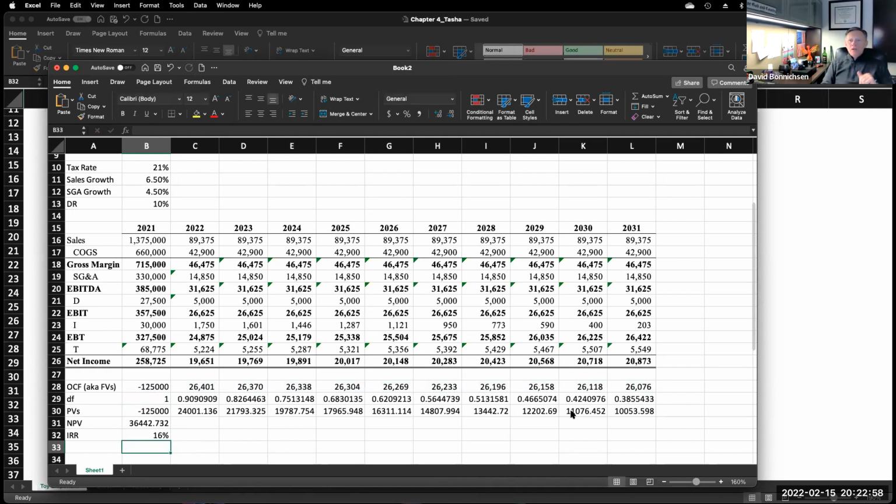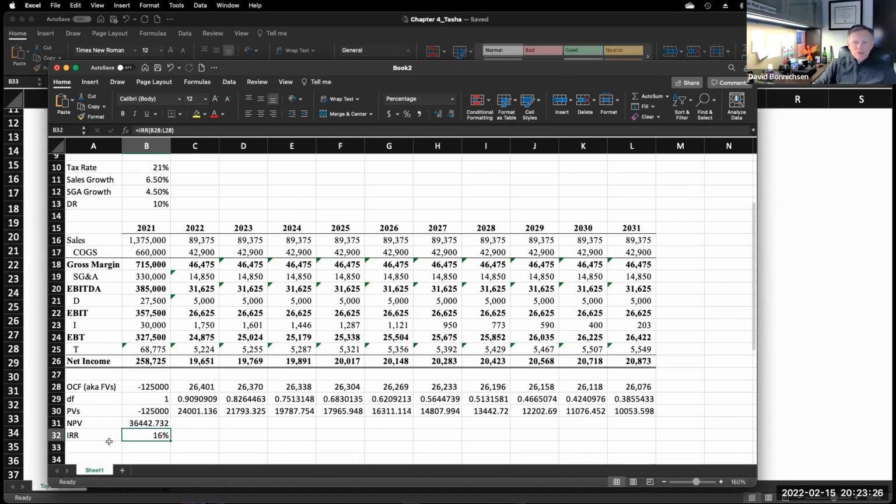Remember last week when we did the goal seek, and I was showing you the fast way to adjust your dividend payout ratio to force the EFN to zero? We could do the same thing here. So the internal rate of return, if our required rate of return was 16%, then our net present value would be $0.